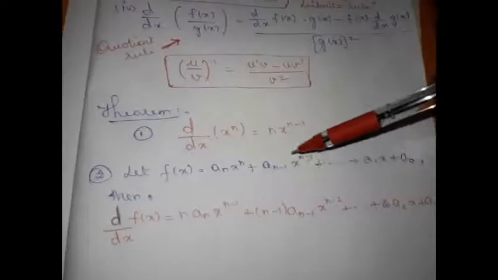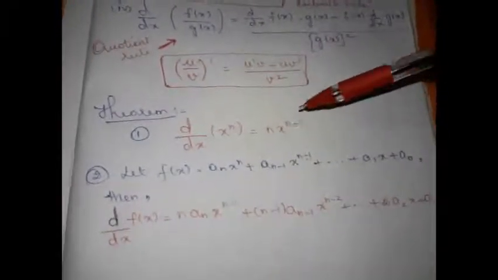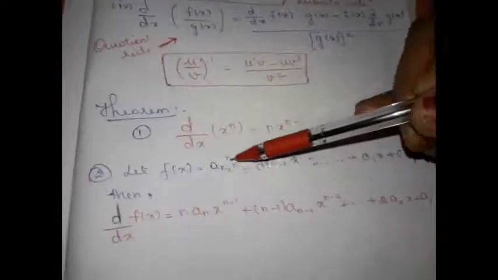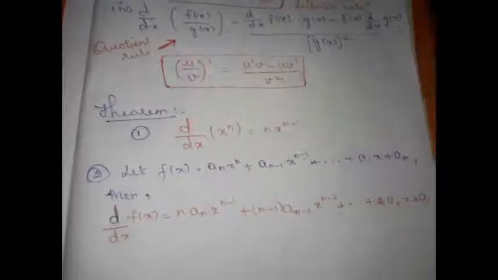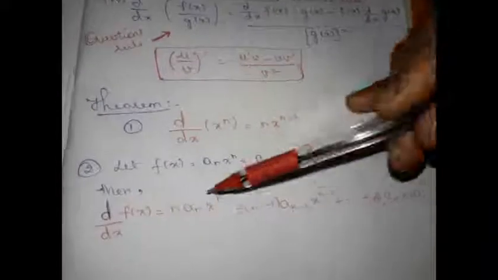Here we apply repeatedly the result for d/dx of x^n, and also the algebra of derivatives. We have a sum of functions, so we can find the derivative of each term and add them. If we apply the algebra of derivatives and the previous result repeatedly, we will obtain this.